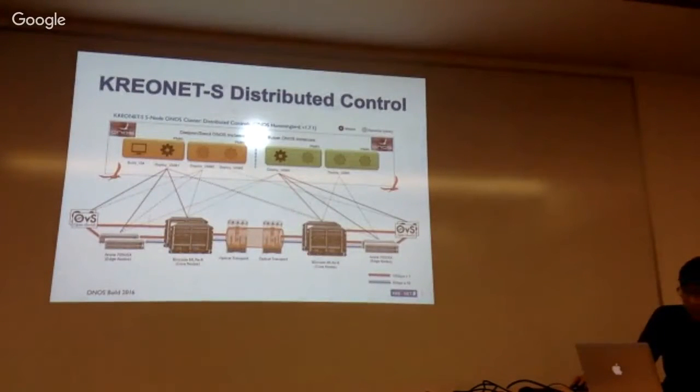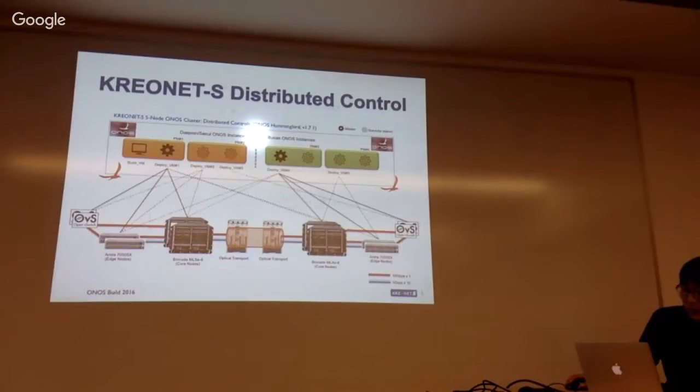This slide shows the KREONET-S deployment control environment based on ONOS. You can see that there is a 5-node ONOS cluster running on top of the data plane network devices at the bottom. Each network device is connected to multiple ONOS instances in the controller cluster.